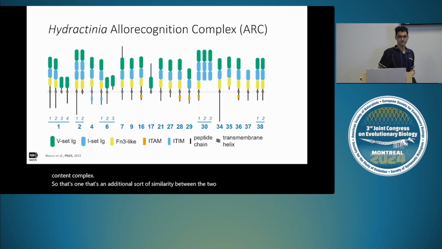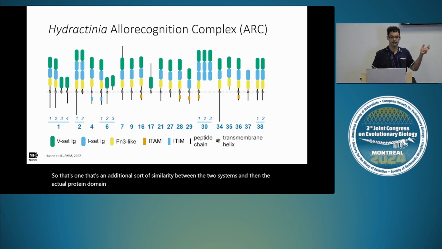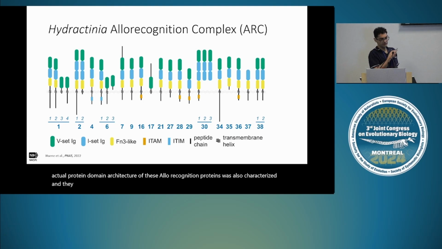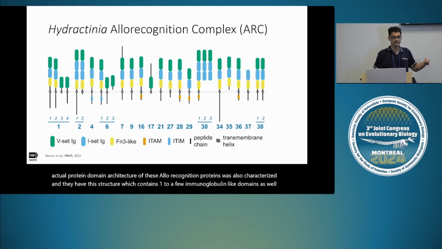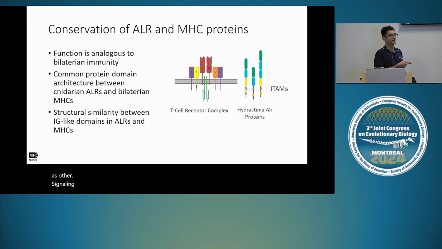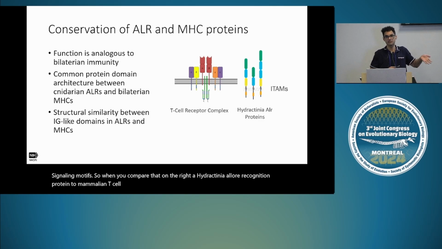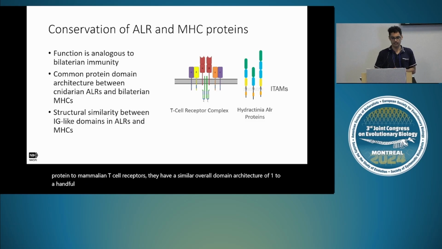And then the actual protein domain architecture of these allorecognition proteins was also characterized. They have this structure, which contains one to a few immunoglobulin-like domains, as well as other signaling motifs. When you compare, on the right, a Hydractinia allorecognition protein to mammalian T-cell receptors, they have a similar overall domain architecture of one to a handful of immunoglobulin-like domains.